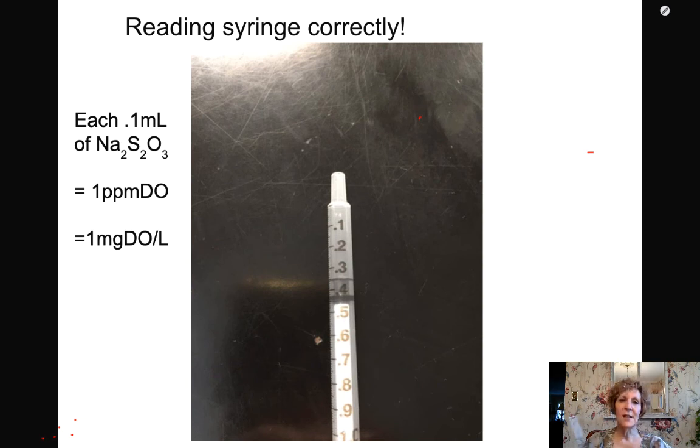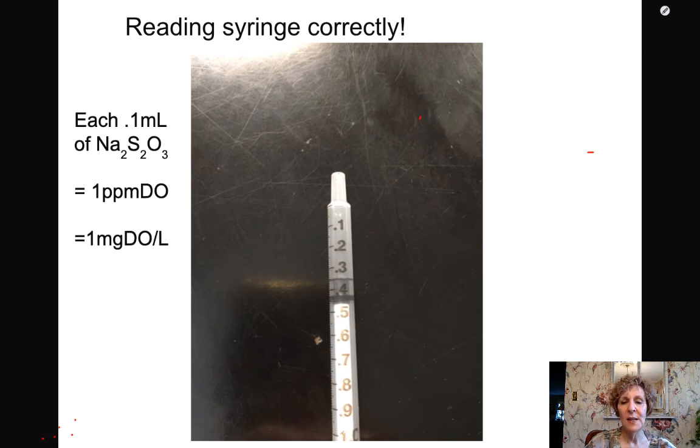And then you're going to take your sodium thiosulfate and pull up a volume of that. You must read the syringe correctly to know what your starting point is, right? You can either read at the top of the plunger or the bottom of the plunger, whichever one you choose. Be consistent about that as you go forward, okay?